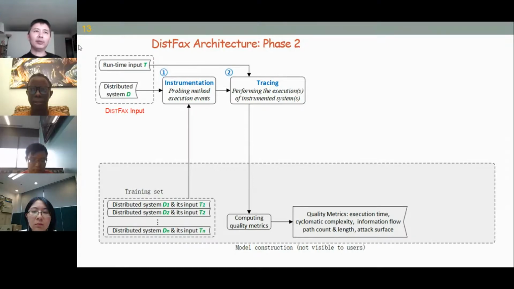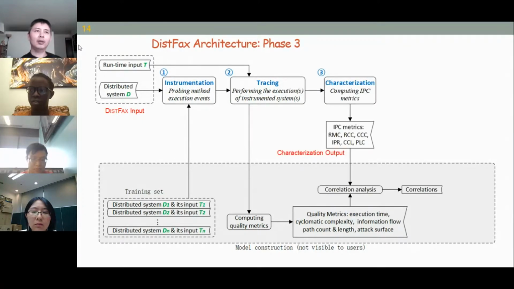This fact also computes different quality metrics. Based on execution events, this fact has the characterization phase. It computes all 6 IPC metrics.